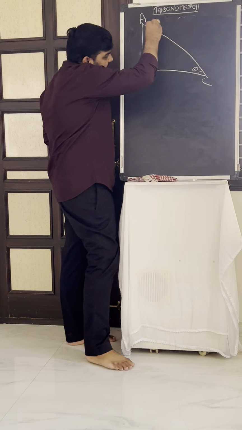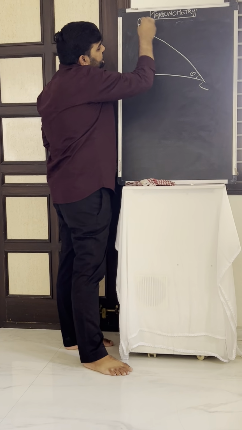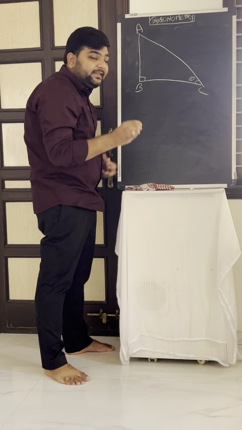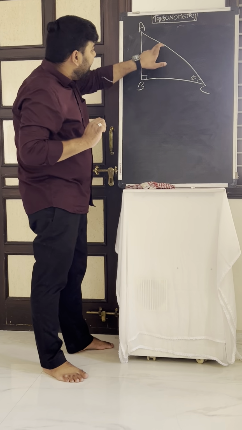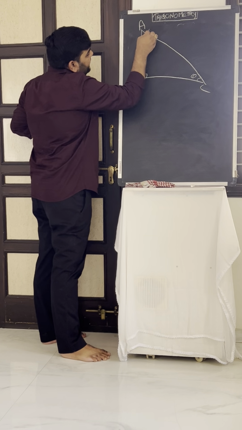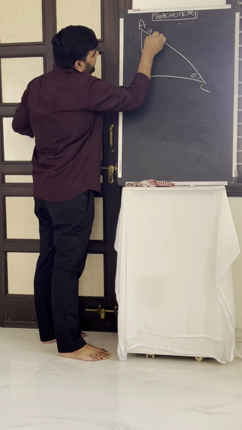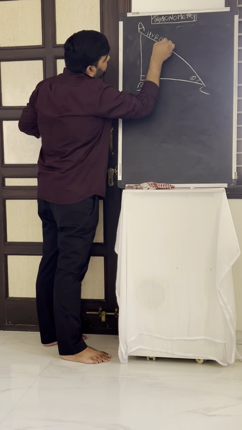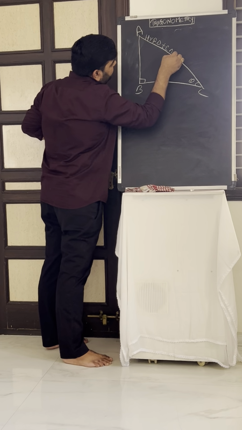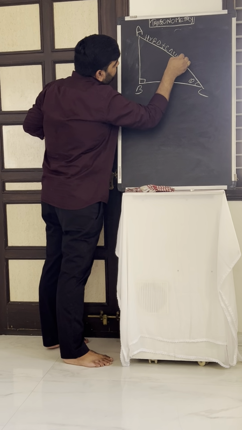This slant side is always greater than the other two sides, and this side is called the hypotenuse, right?